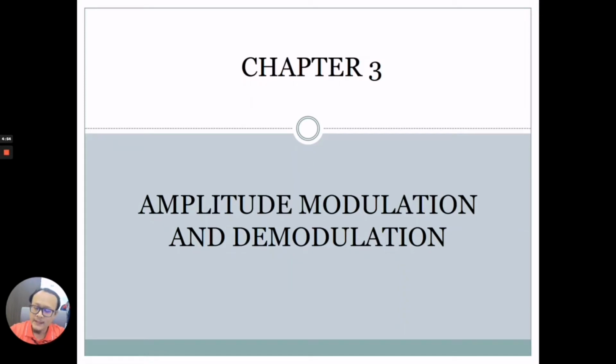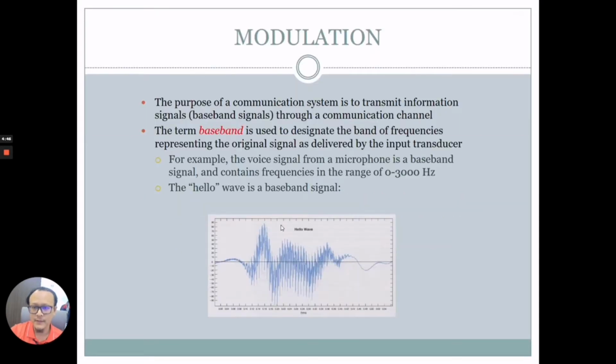So today we're going to discuss chapter 3, Amplitude Modulation and Demodulation. So what is modulation? Basically, the purpose of a communication system is to transmit an information signal, which is the baseband signal, through a communication channel.